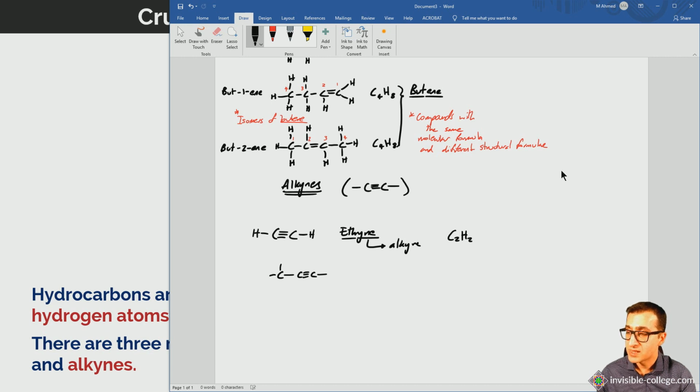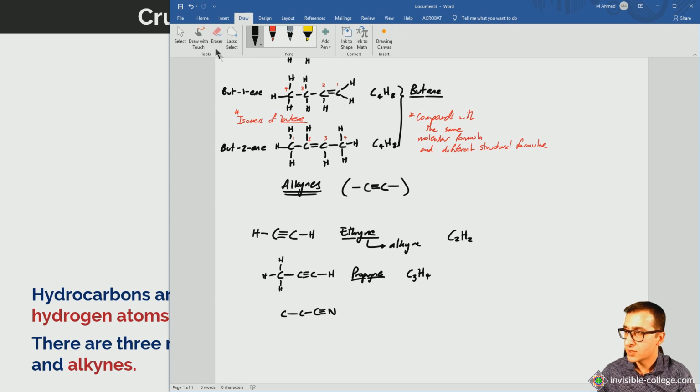So we can go on to build up more members of this homologous series of alkynes. So here we see this is propyne: 3 carbons, "prop", "-yne" meaning it's an alkyne, and here again we see that we have differed from the previous member of this homologous series by a unit of CH2. So the molecular formula of this one is going to be C3H4. We can go on to butyne.